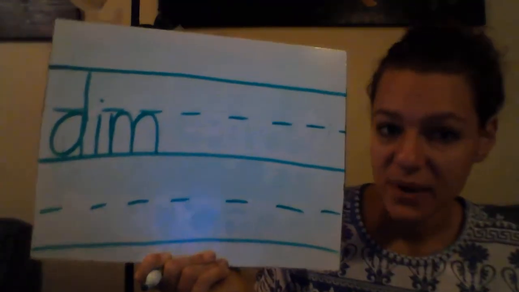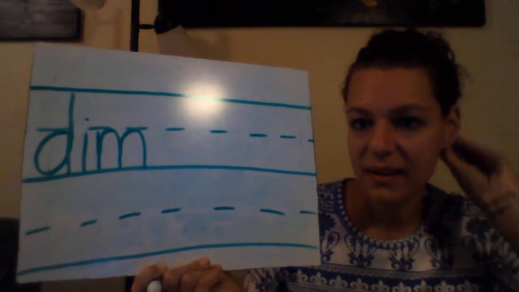All right, now we're going to use our powerful silent final E and make our vowel say its name. When we make our vowel say its name, we're going to have the word dime. Class, what sounds do we hear in the word dime? Good.